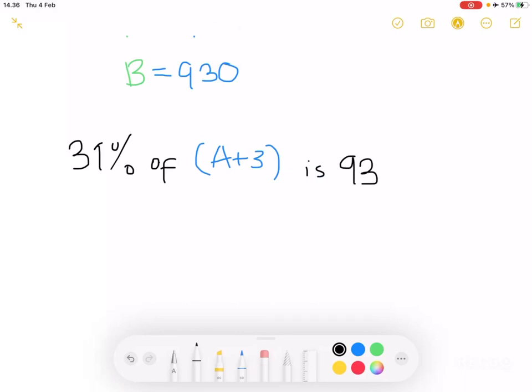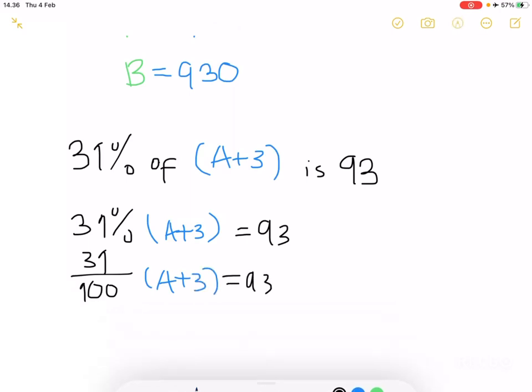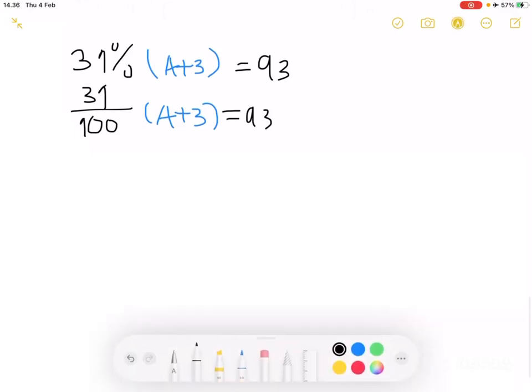So we need to find a, but be careful, this is an expression, so you need to finish the steps a little bit. However, we can just write this as an equation once again. Rewriting this as a percentage, and then multiplying both sides by 100. However, you can just multiply by 100 divided by 31. That also works too.